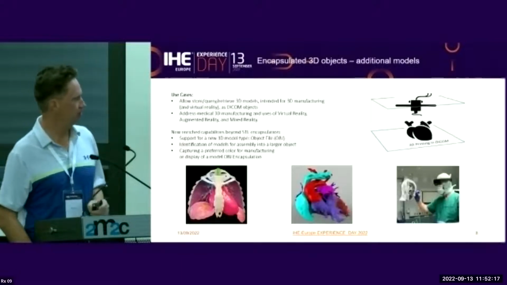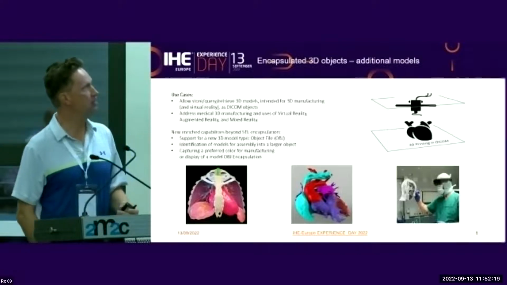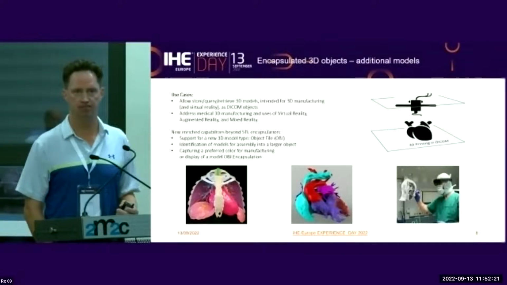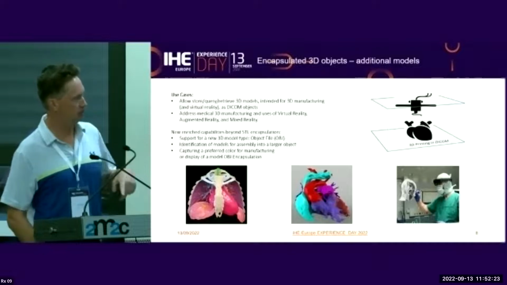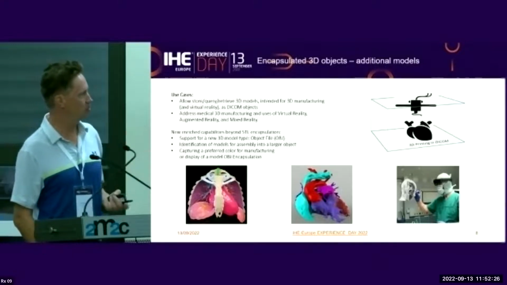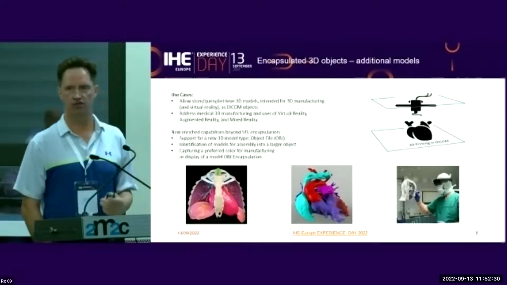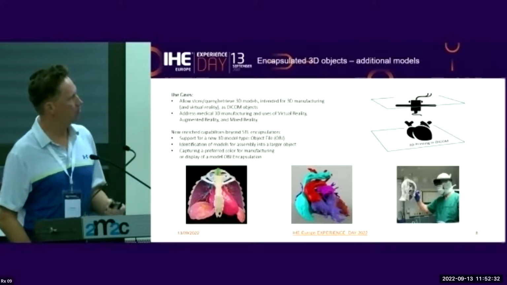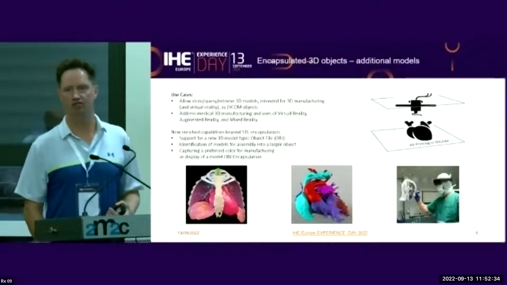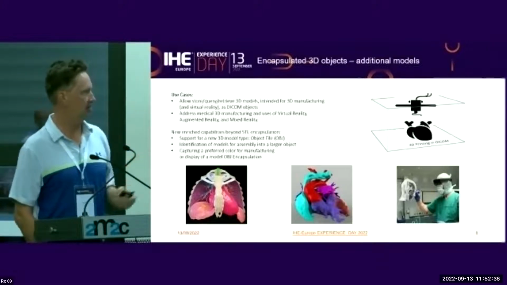Another completely different area is the 3D objects and 3D printing. So other standards outside of DICOM have been incorporated. First, it was the STL standard for these 3D objects, but later on also the object file format, which includes coloring.